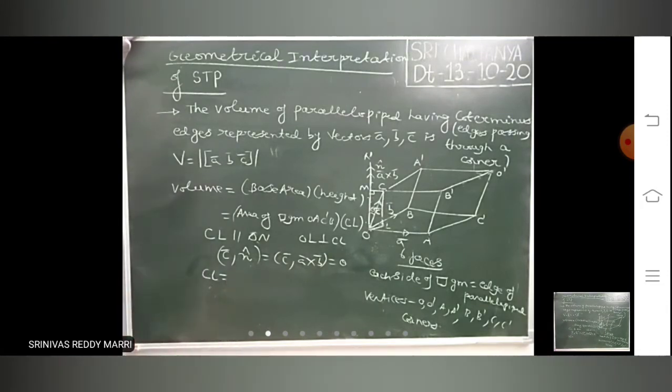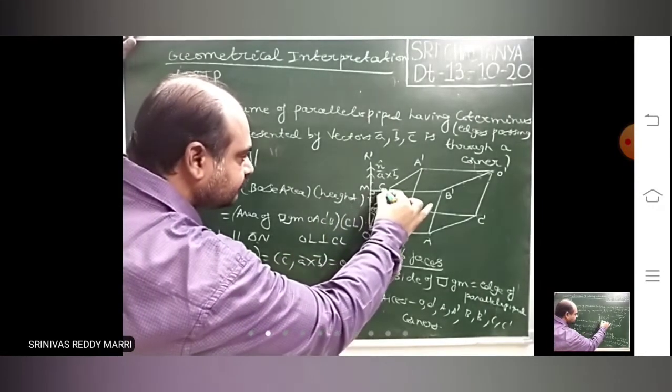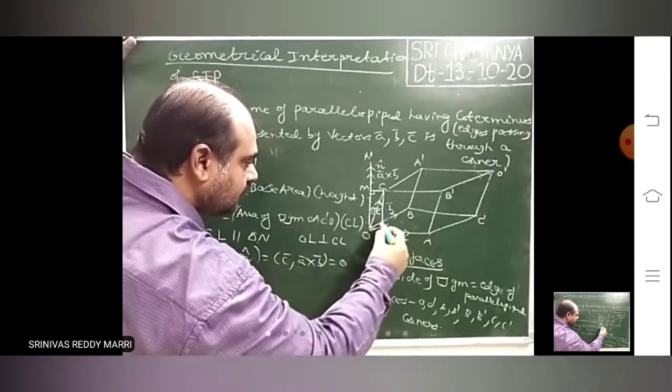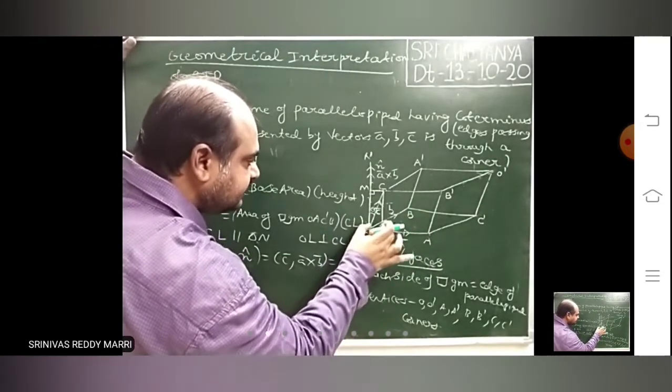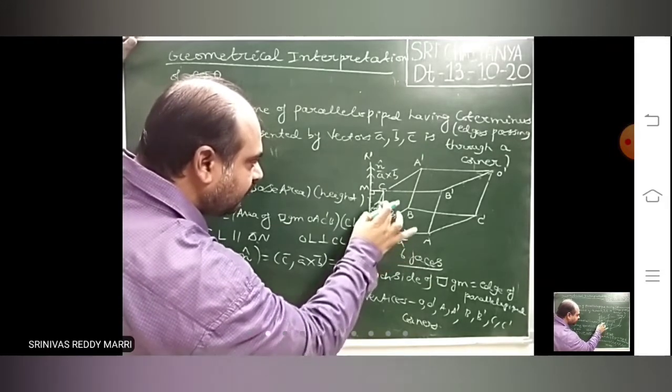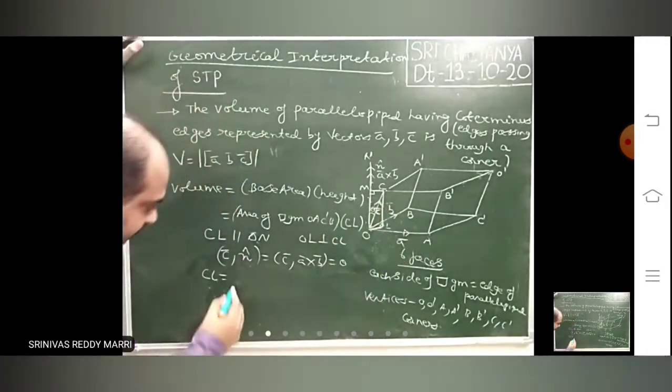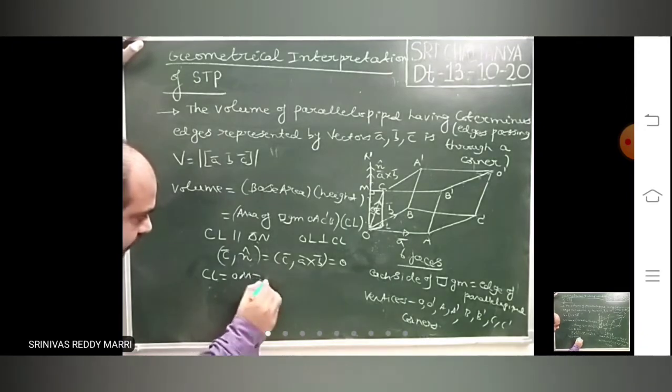Now CL is equal to OM, because it is a rectangle. This side and this side are equal. So CL is nothing but OM from the diagram.